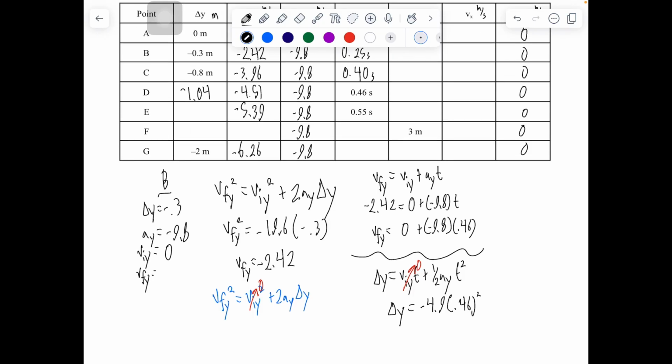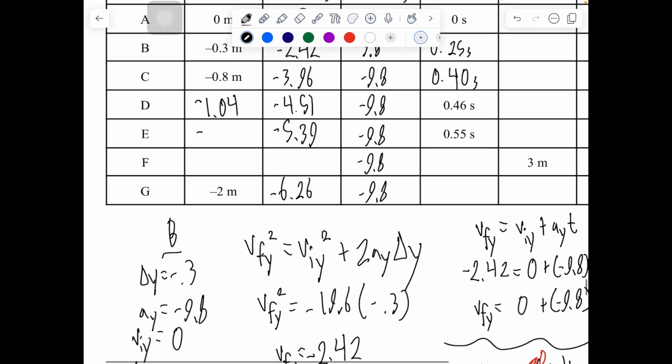Take our time, 0.55, square it, times 4.9, negative 1.48.